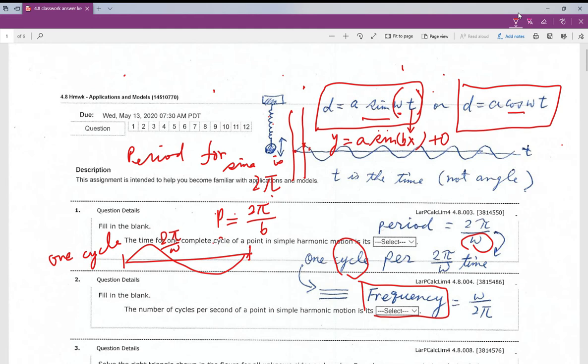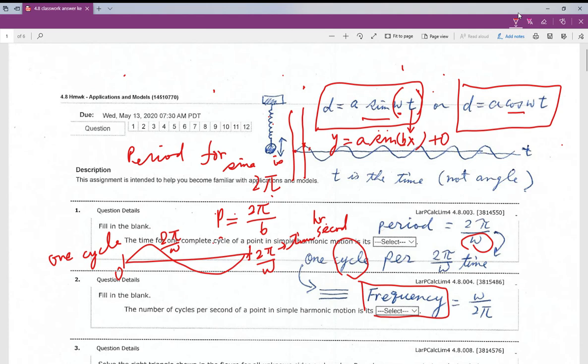Now this period is from 0 to 2 pi over w. Now, frequency means, so 0 to 2 pi over w, this means time, right? So maybe hour, maybe second. Okay. So the amount of time you have one cycle.